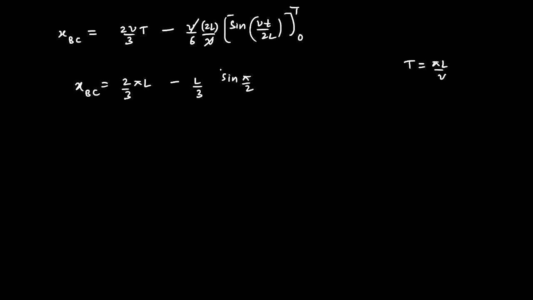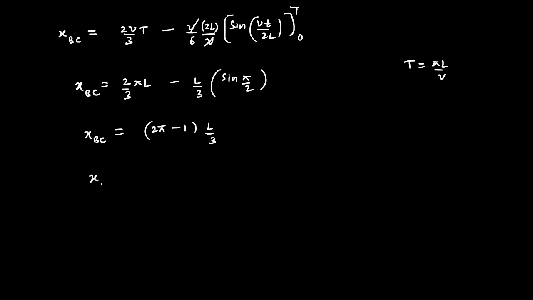The other one will go to 0. So this becomes (2 pi minus 1) times L by 3. This is the displacement of the BC combination with respect to the ground frame.